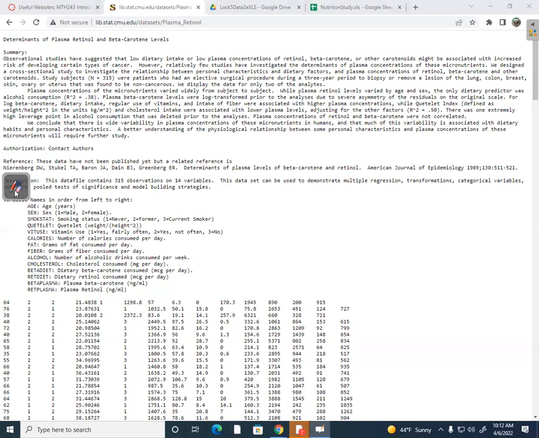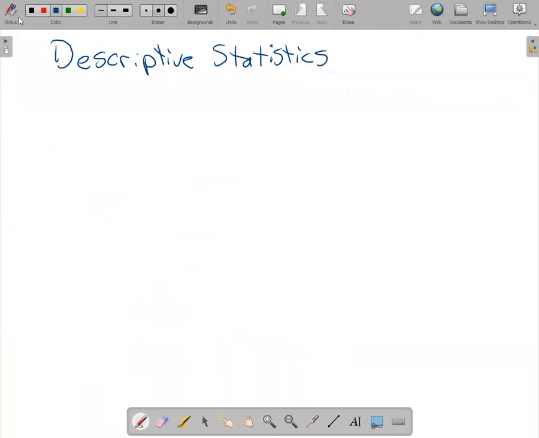So let's make a couple notes about this nutrition study. There's my notebook here. All right. So we've got the nutrition study. And I'm just going to write down what I think the sample is based on what they told me.